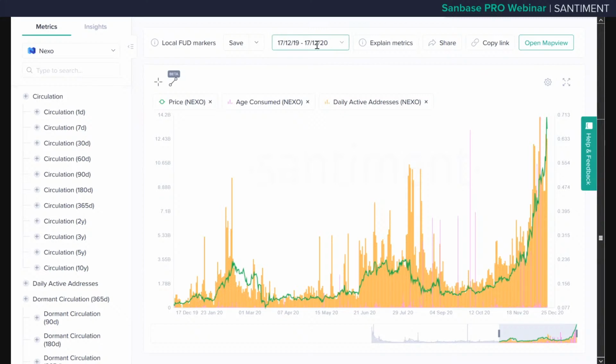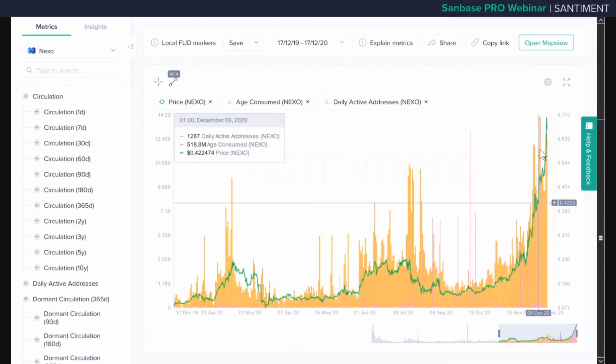And what is the active addresses value? Is it like 100? Okay, well, Nexo actually has a very nice set of data. As it's a big run, you will see the divergence here.